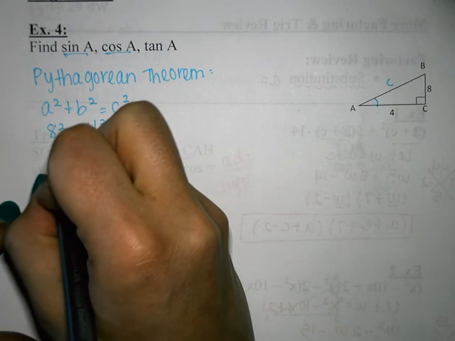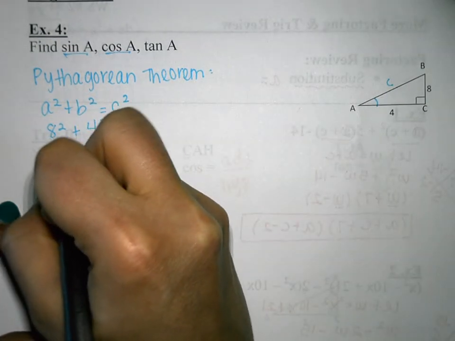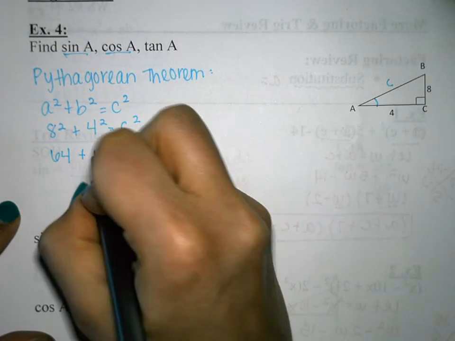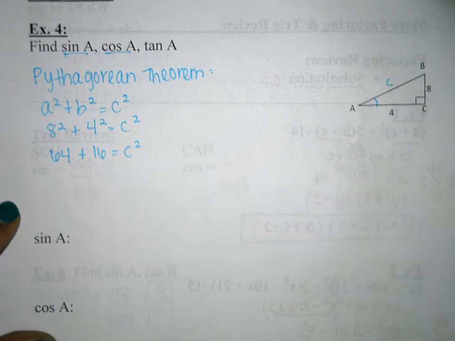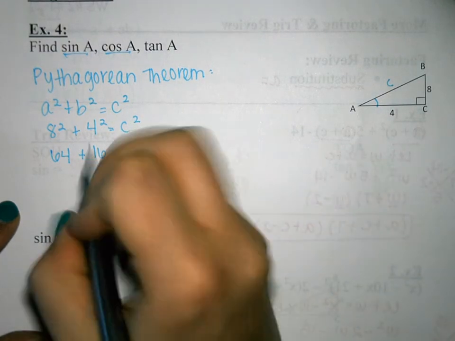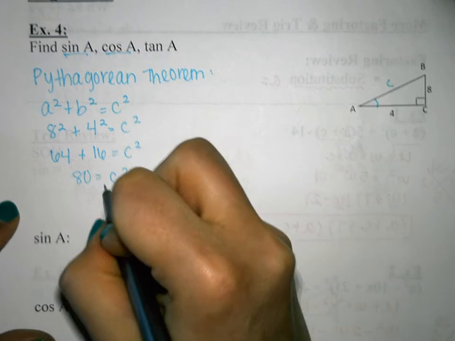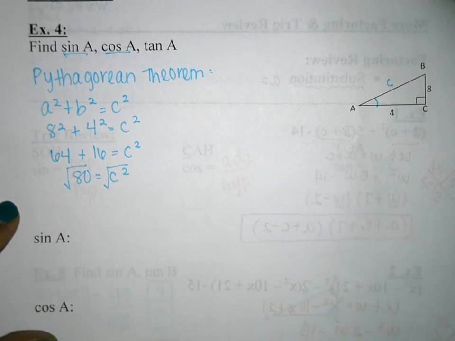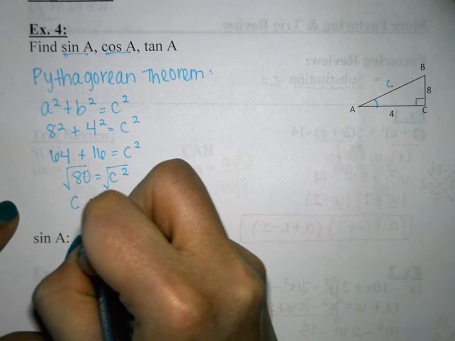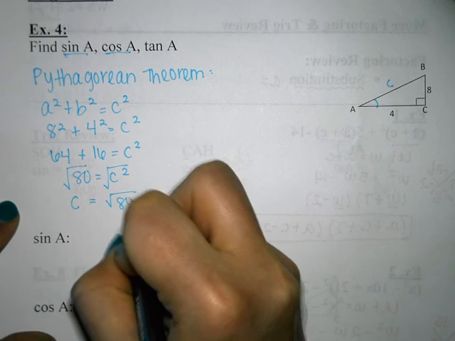So 8 squared is going to give me 64, plus 4 squared, which is 16, equals c squared. 64 plus 16 is 80, which equals c squared. So to get c by itself, we take the square root of both sides. So we have that c equals the square root of 80.